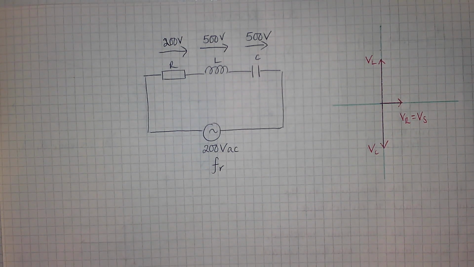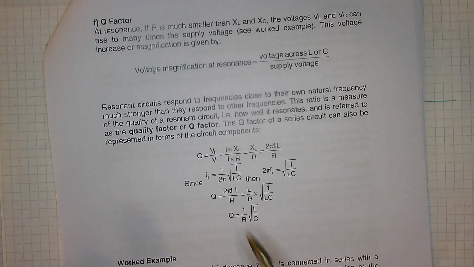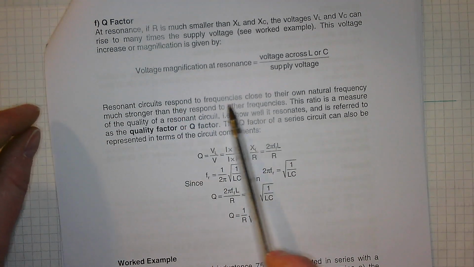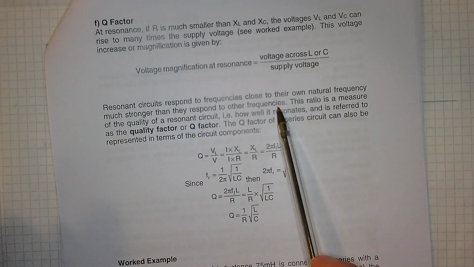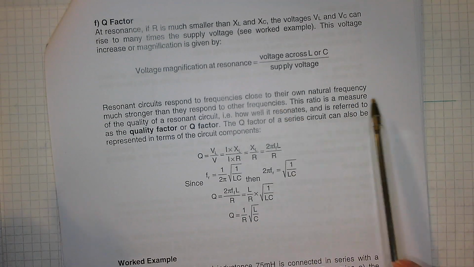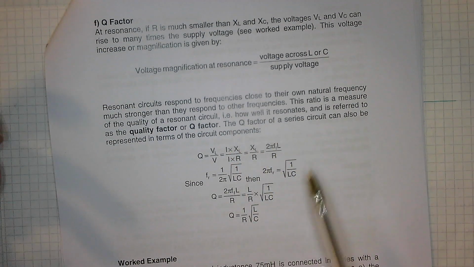And then the last thing you really get that's spoken about is the Q factor. So it tells you on page 11 of your notes that resonant circuits respond to frequencies close to their own natural frequency much stronger than they respond to other frequencies. And that ratio is a measure of the quality of the resonant circuit, or how well it resonates.